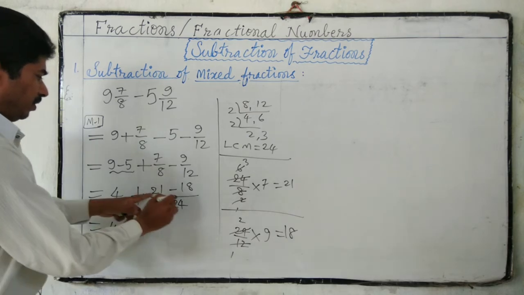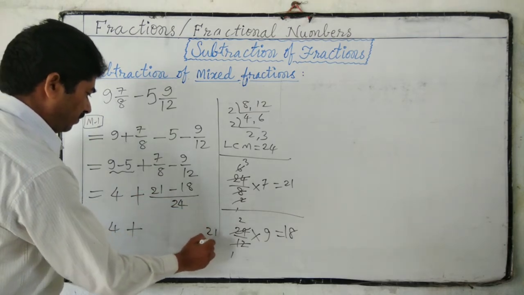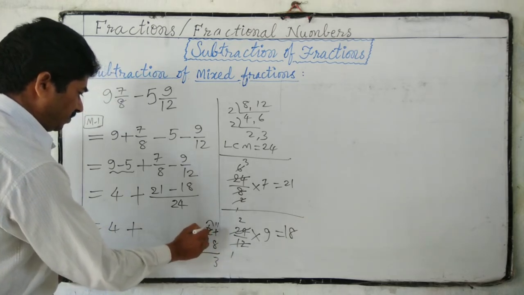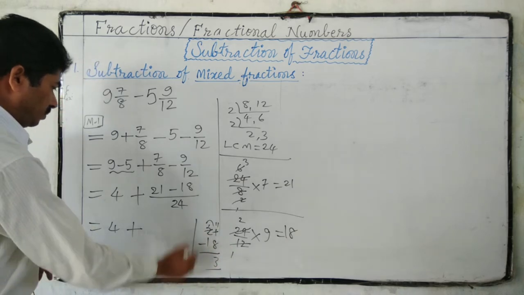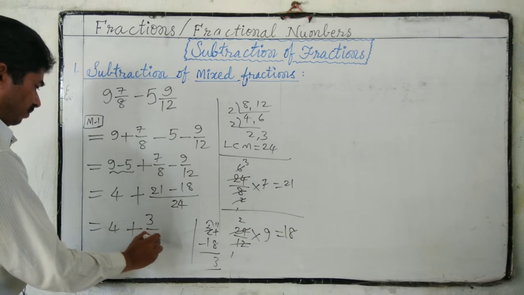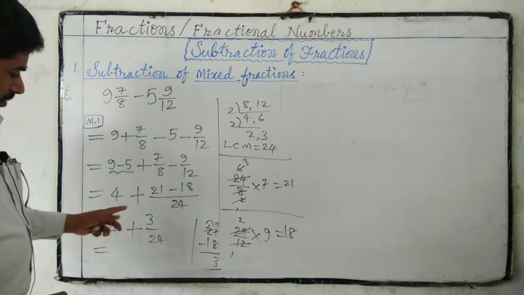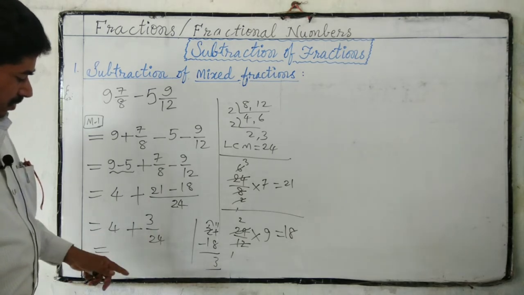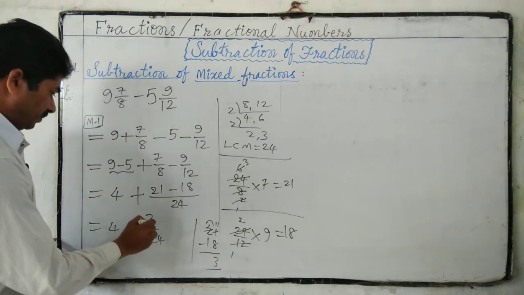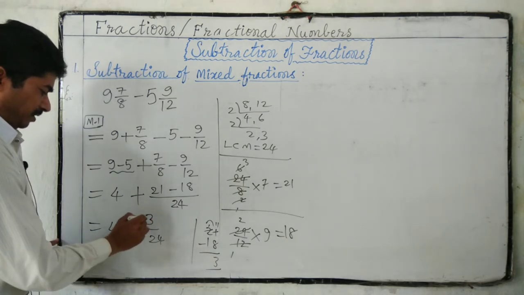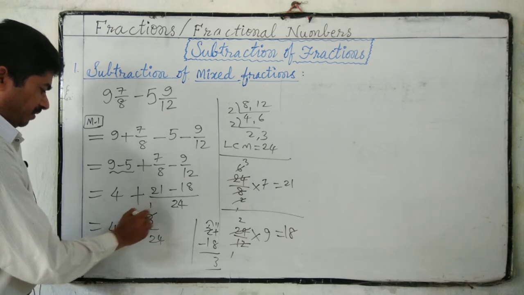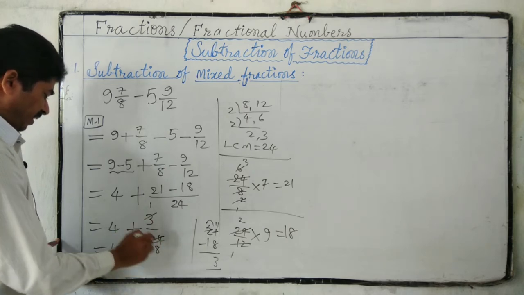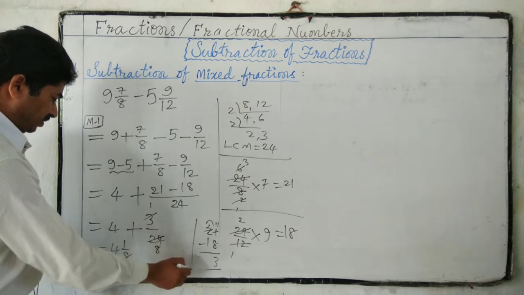So 4 plus 21 minus 18. 21 minus 18 is 3, so 3/24. The common factor is 3, so we cancel by taking the common factor: 3 ones are 3, 3 eights are 24. 4 plus 1/8 means 4 1/8. So this is the answer.